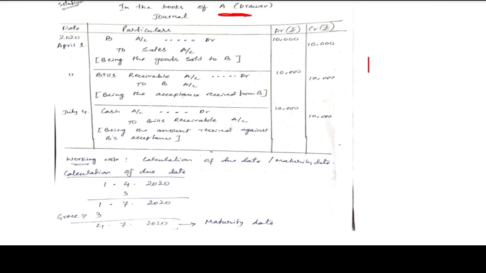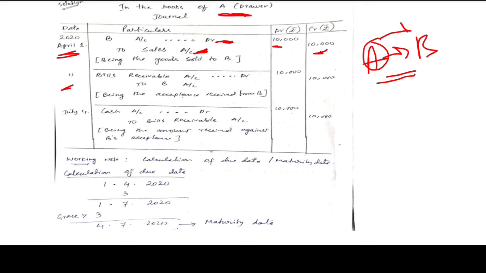As A has sold goods to B, the entry will be on April 1, 2020, B's account debit to sales account, amount 10,000. And the second entry, on the same date, A has drawn one bill against B, and B has accepted that bill. So the acceptance entry in the books of drawer, that is A, will be bills receivable account debit to B account, same amount, 10,000.